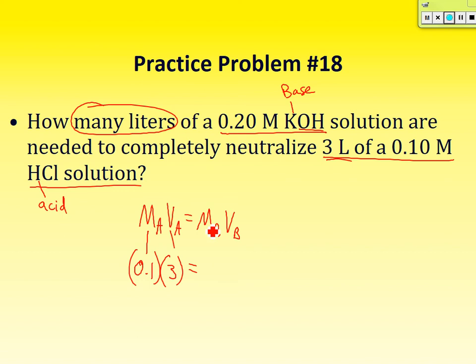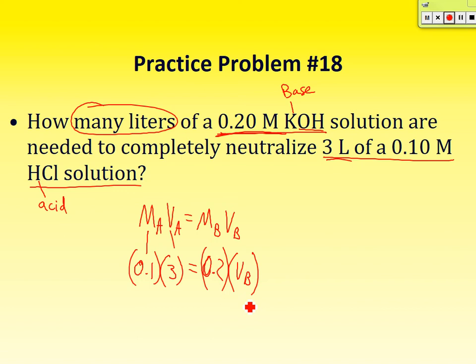Did it give us that? Yeah, right here. So 0.2. That's the molarity of the base. And the volume of the base. Did it give us the volume of the base? That's what it wanted us to find, was how many liters of this base, so we don't have it.